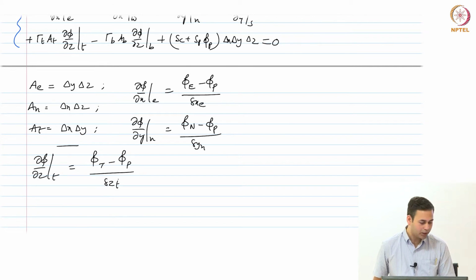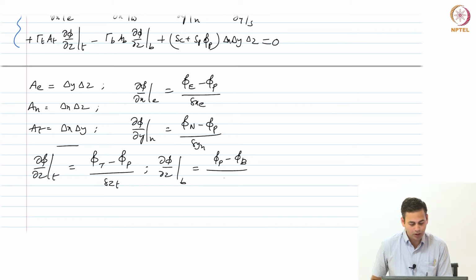And of course you have the partial phi partial z bottom, which is phi p minus phi b upon delta z bottom, right.